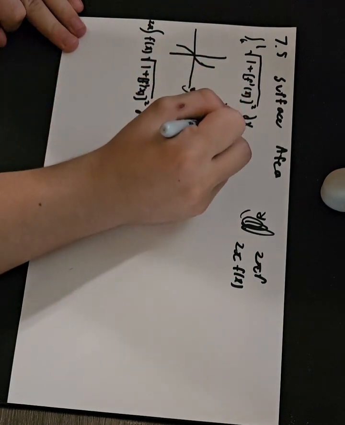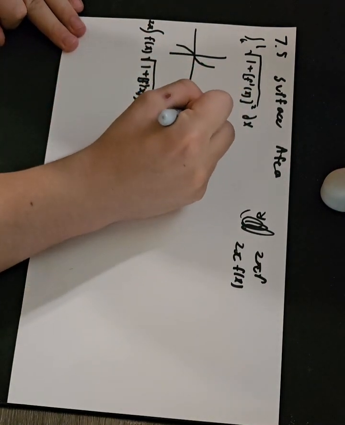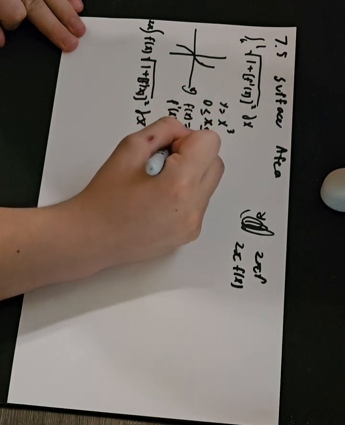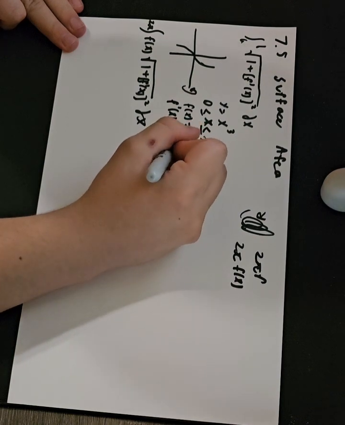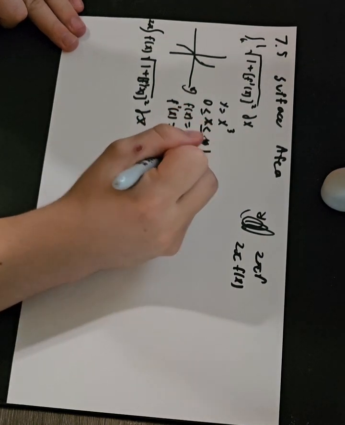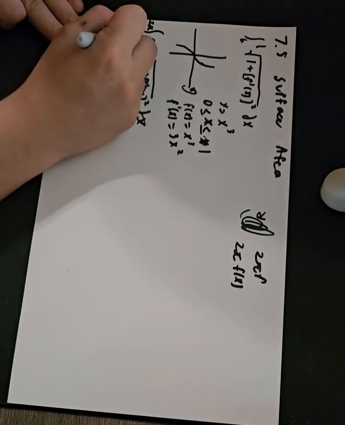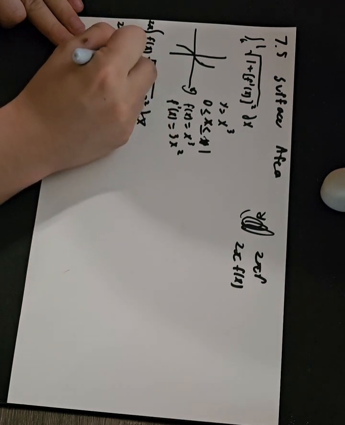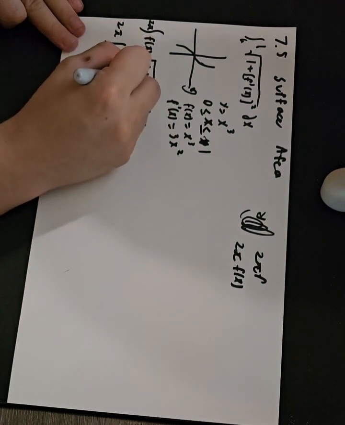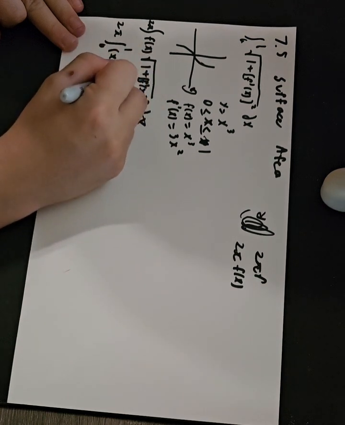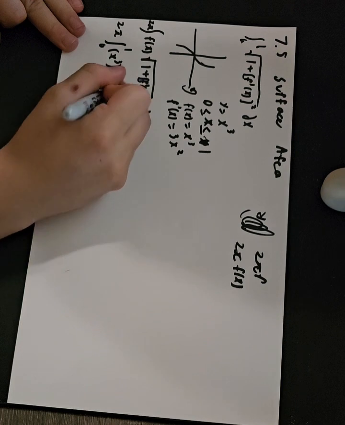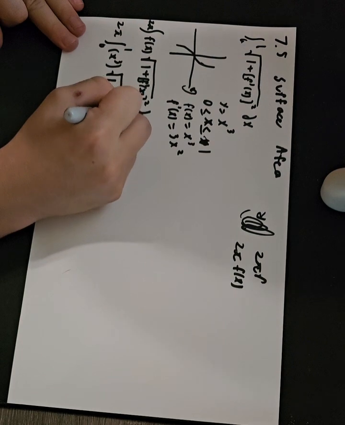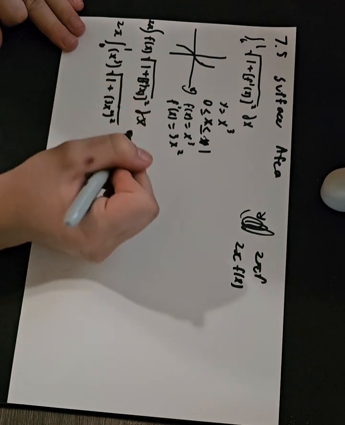And for example, with y equals x cubed, f of x equals x cubed, f prime of x equals 3x squared. Now, 2 pi times the integral from 0 to 1 of x cubed times the square root of 1 plus 3x squared, multiplied by 2, squared.